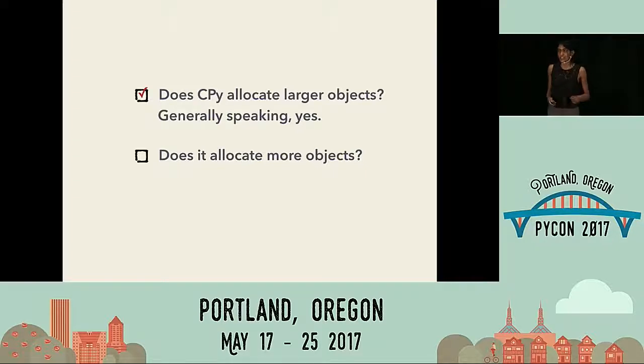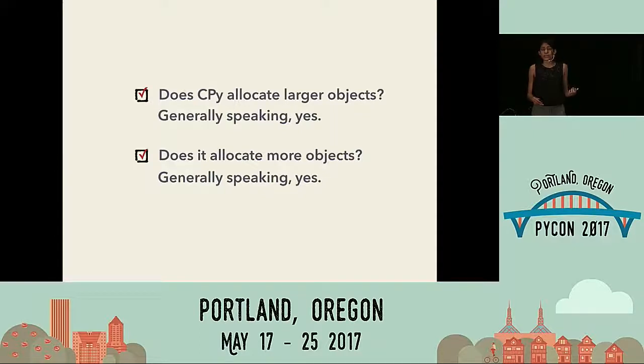What about the second question? Does it allocate more objects? Again, generally speaking, yes. We're talking about objects on the heap, and we saw that MicroPython uses this really cool scheme with pointer tagging and storing small integers on the stack. So generally speaking, yes.